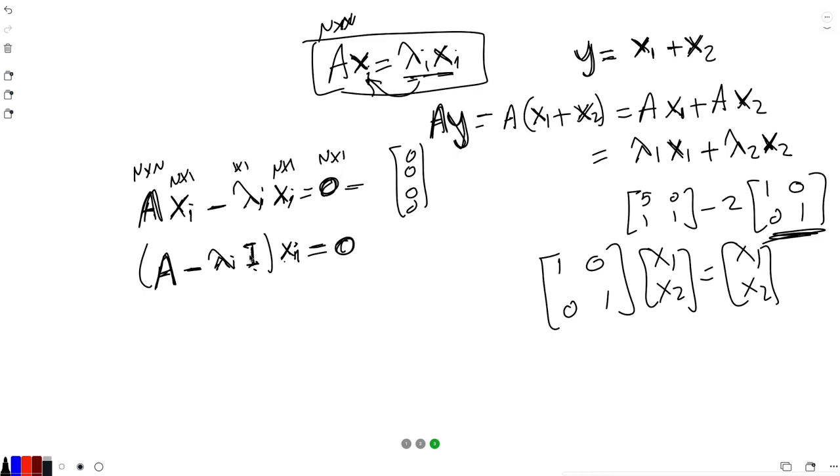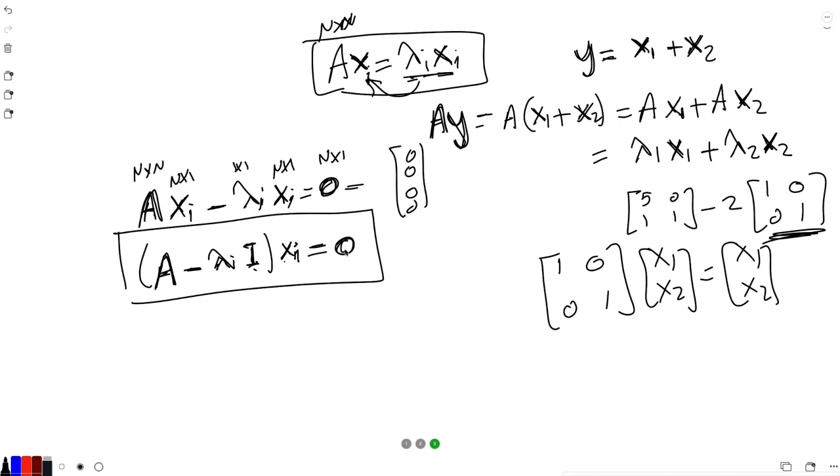Now we have this equation, and we want to find what xi and lambda i make this equation equal to 0. Remember, we are interested in a non-trivial solution.